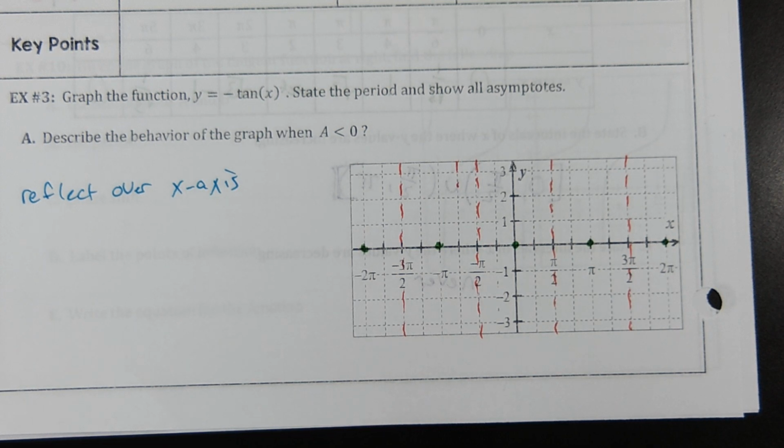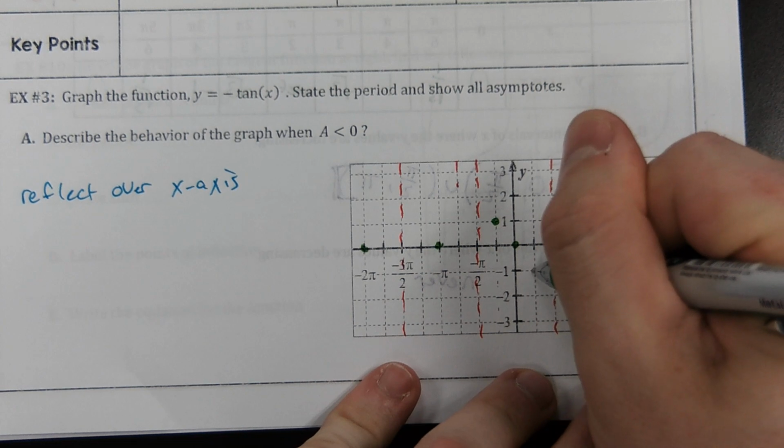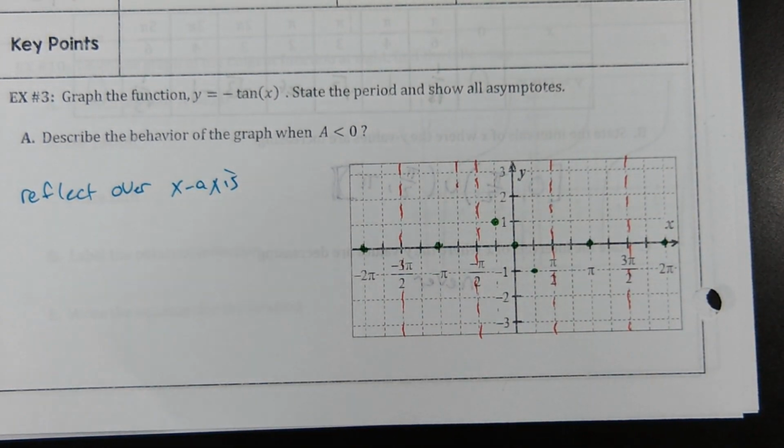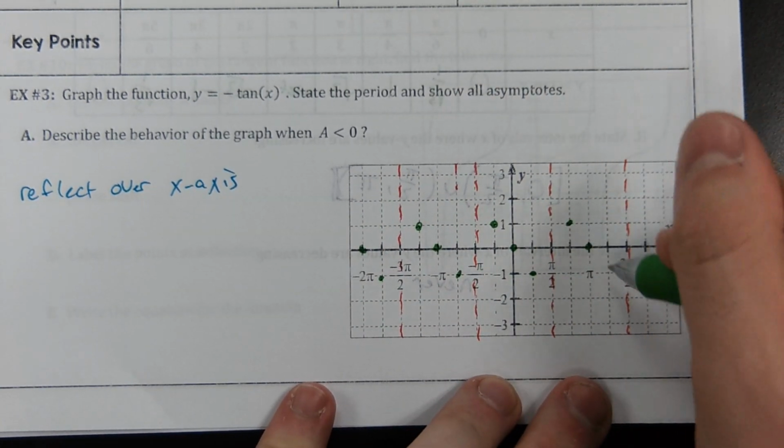So halfway between two asymptotes, an inflection point. Halfway between two inflection points, an asymptote. Pretty nice, right? And I know that halfway between an inflection point and an asymptote is either a 1 or a -1. Since this graph is upside down, it does this. And that will just repeat over and over and over again.